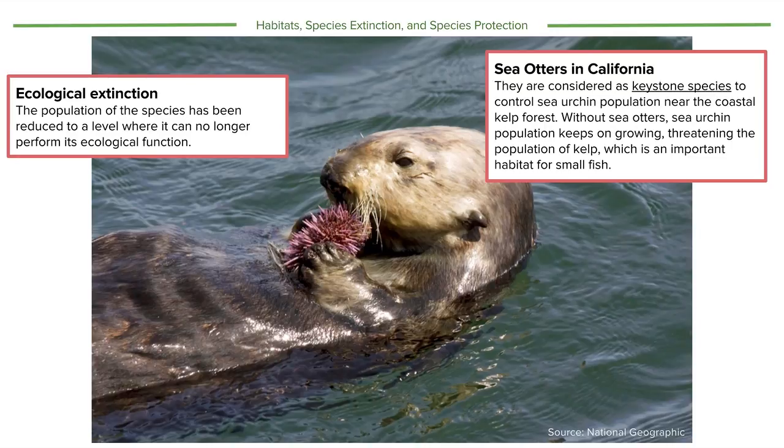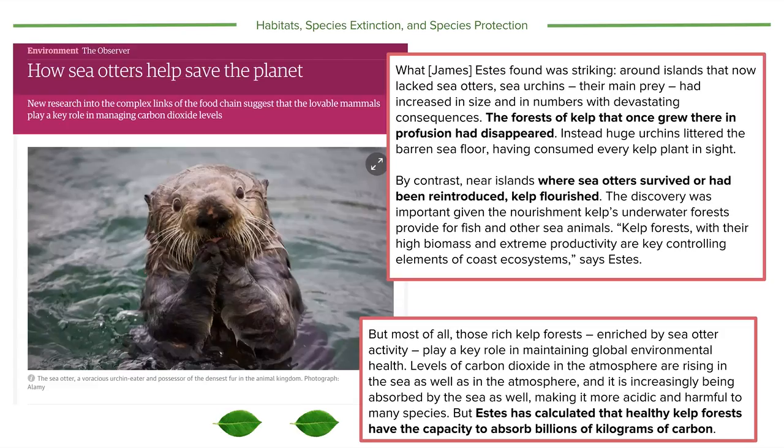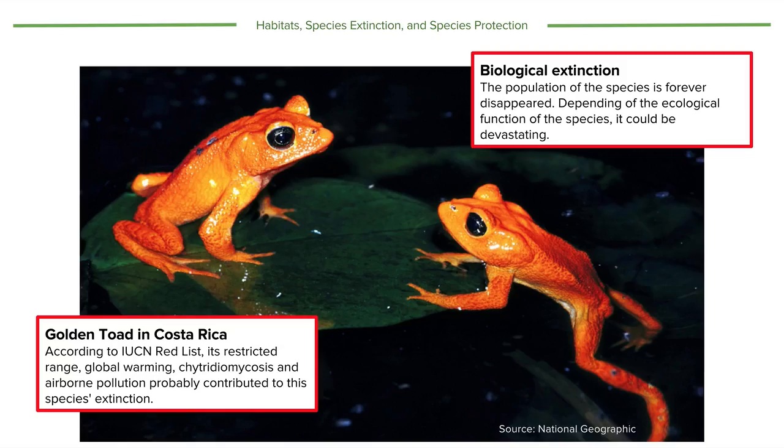It's where the species can no longer perform its ecological function. So sea otter is one example. You can pause and read the description. We talked about that in class already. Same thing right here. We talked about this in class, how sea otters can indirectly help us regulate climate by keeping the kelp forest healthy, by removing the sea urchins.